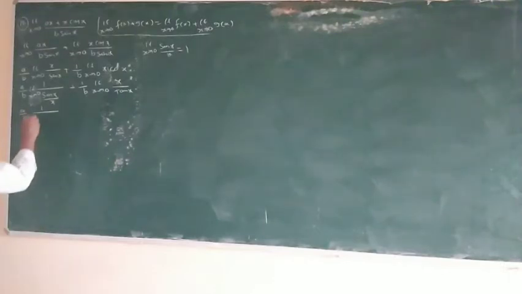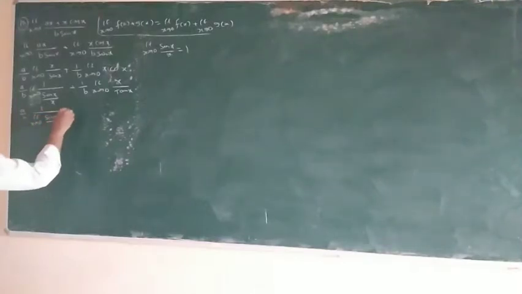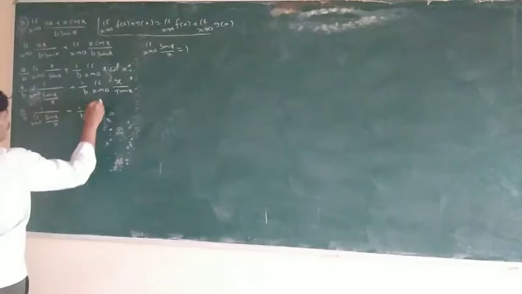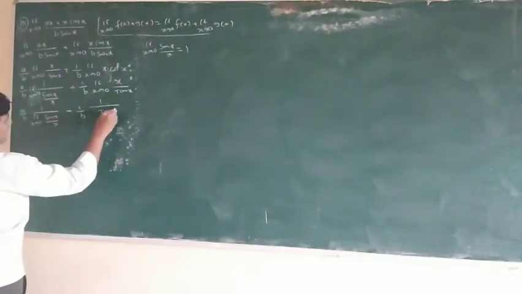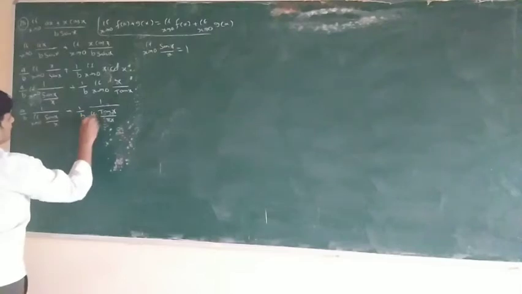This is the addition property. This is the division property: limit x tends to a, f of x by g of x is equal to limit f of x by limit g of x. So 1 by limit x tends to 0 sin x by x, plus 1 by b into 1 by tan x by x reversed.